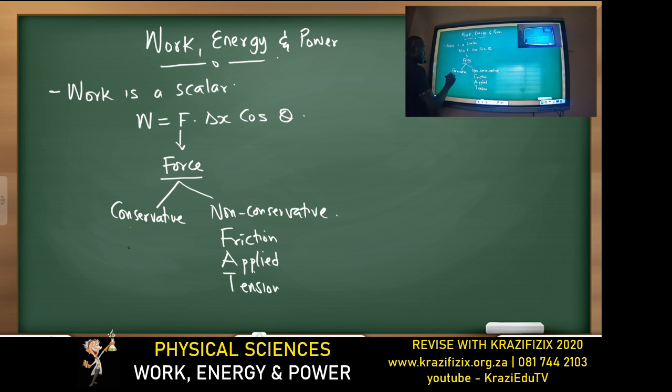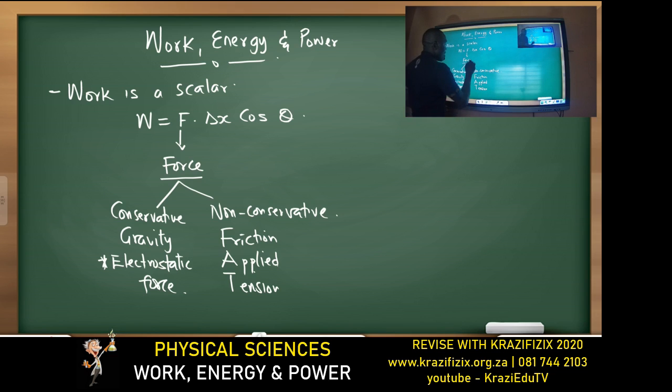On the conservative, we talk about the force of gravity. Another force that falls under conservative is your electrostatic force, just for knowledge purposes. So your F there is going to be one of these forces, either conservative or non-conservative.